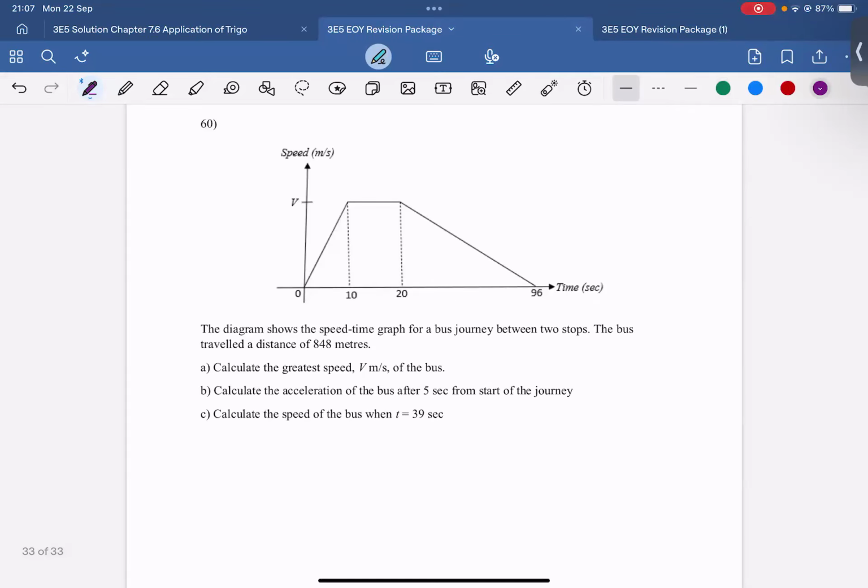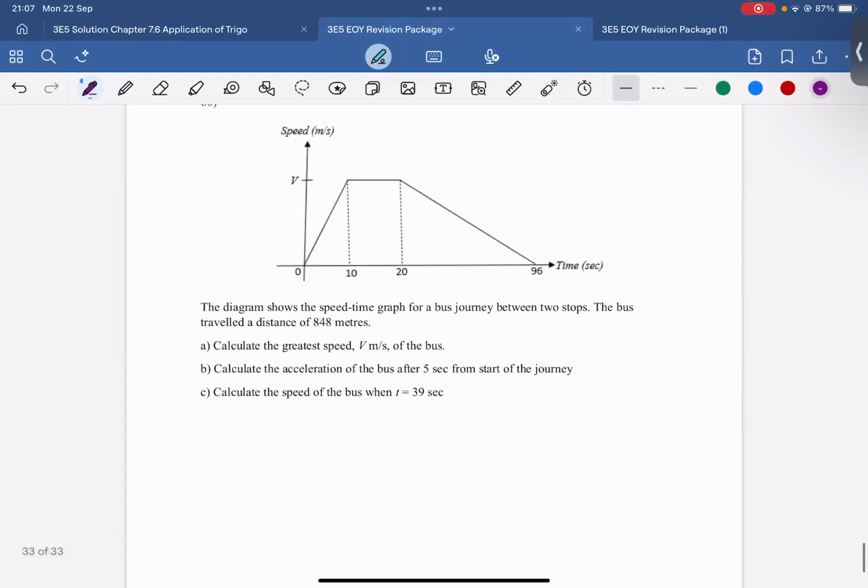Okay, so this is a speed time graph, a very typical shape that we have. The diagram shows the speed time graph of a bus journey. The bus travels a distance of 848 meters. Calculate the greatest speed. So in this question, they have already given us the distance. So in the speed time graph, what is the distance? Area under graph. So I will do the area under graph and equate to 848. So 848, which is the distance, is actually the area under graph, and that is the shape of a trapezium.